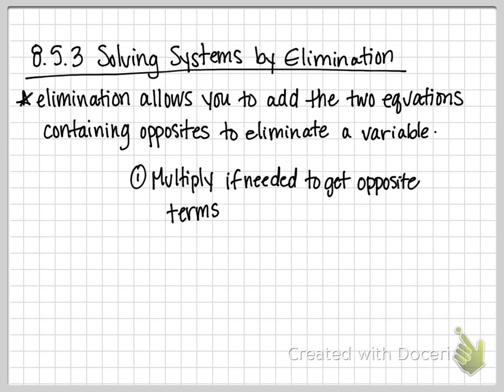Sometimes you won't be given two equations that have opposites right away. It's always nice when you do. But if you don't, you need to multiply in order to get those opposite terms that can cancel.